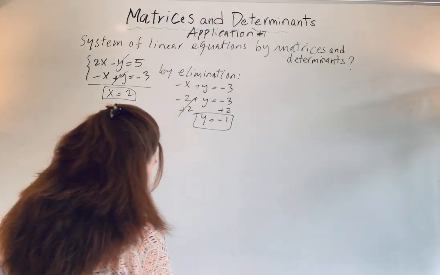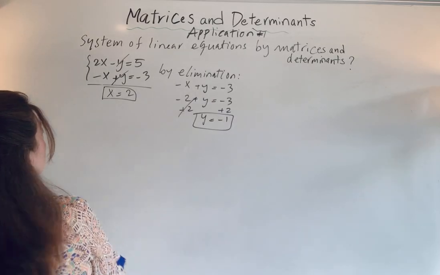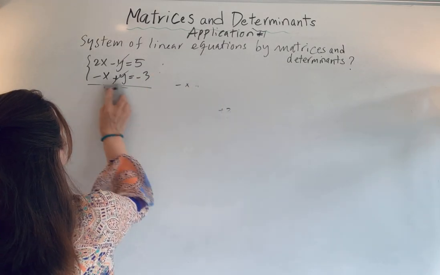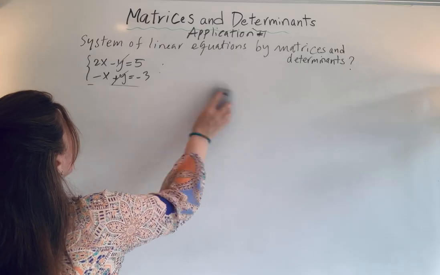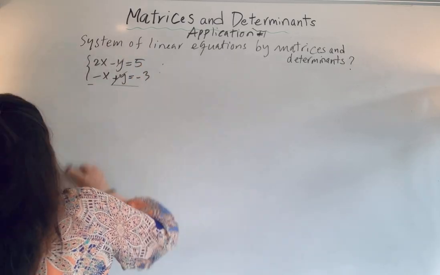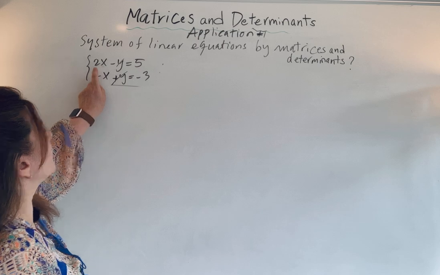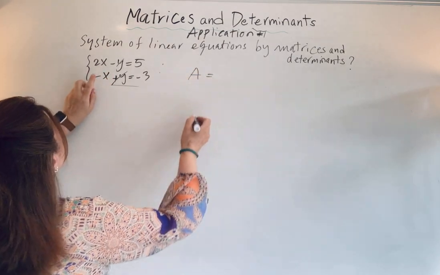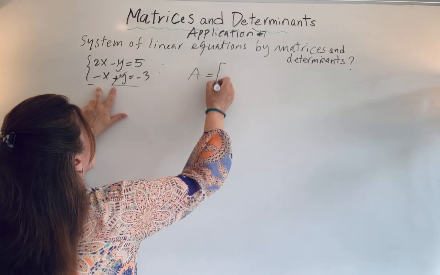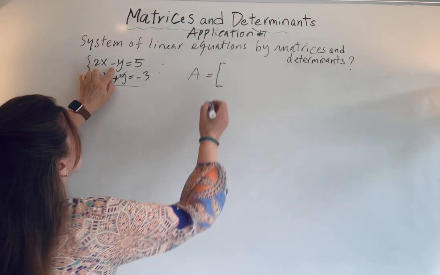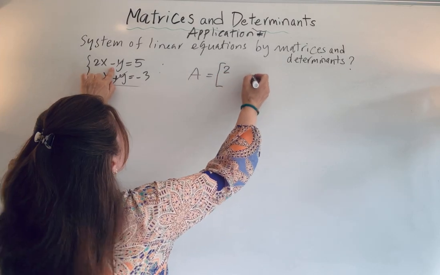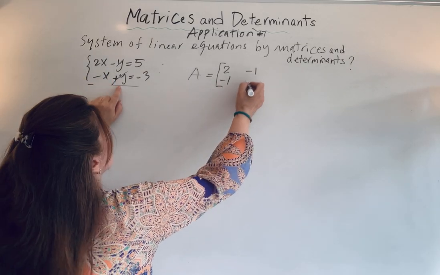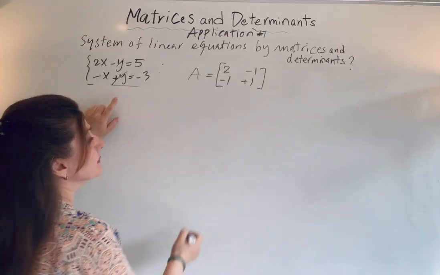For doing this one, we need to have a matrix. First, the matrix of coefficients. For example, A is a 2 by 2 matrix: 2 and negative 1 in the first row, negative 1 and 1 in the second row, with 2 for x, negative 1 for y, negative 1 for x again, and plus 1 for y.